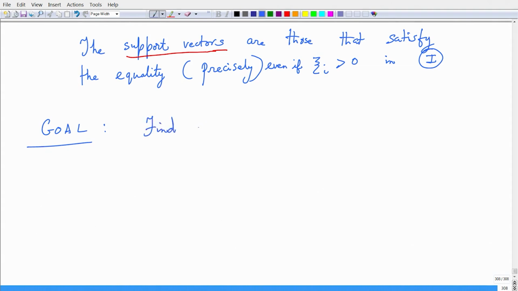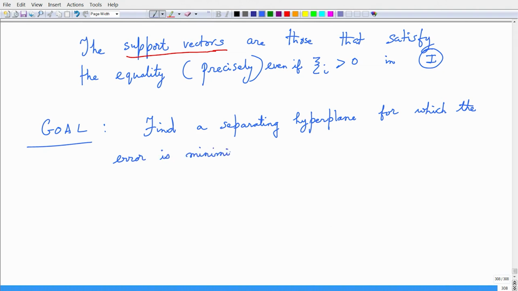So, our goal is to find a separating hyperplane for which the error is minimized when averaged over the training set.